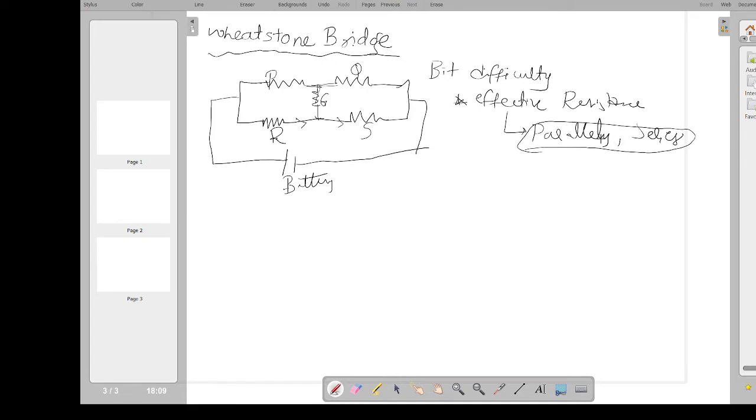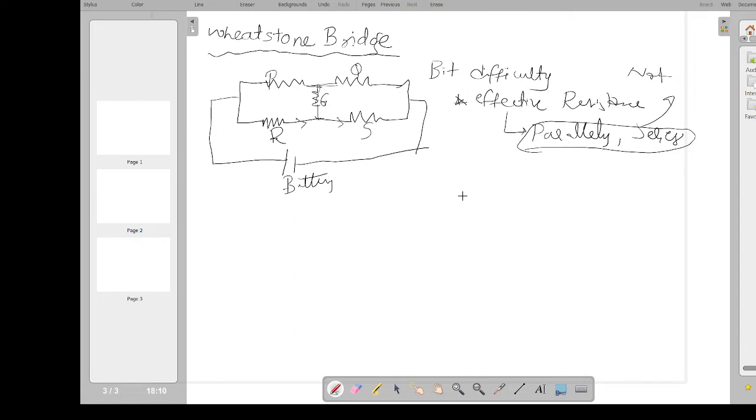Then how to find the effective current flowing through this circuit? Even applying Kirchhoff's voltage or current law is a bit difficult.